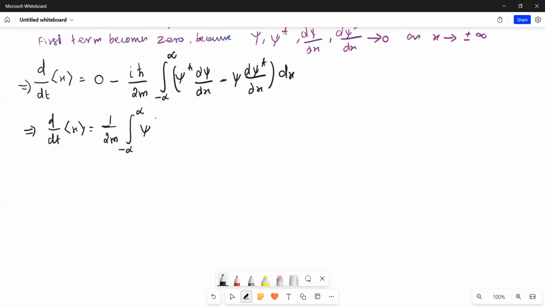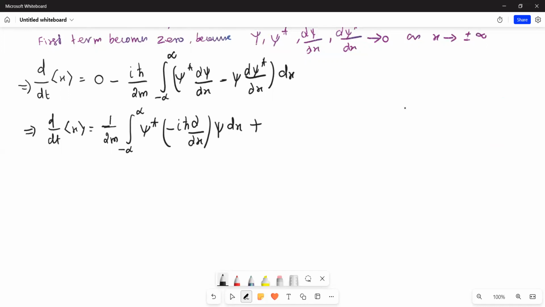Take the psi star, and put the minus i h cross inside it. So if you do it, what will you get? Minus i h cross dou by dou x psi dx. I'm going to split this one, right? And this minus becomes plus.